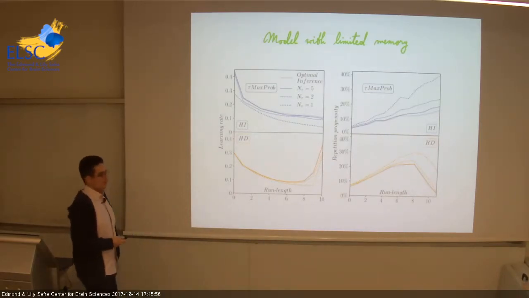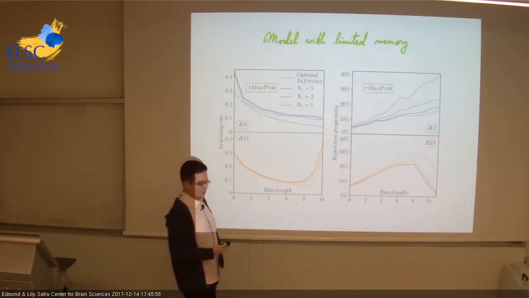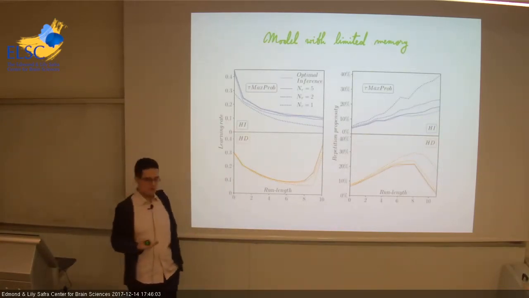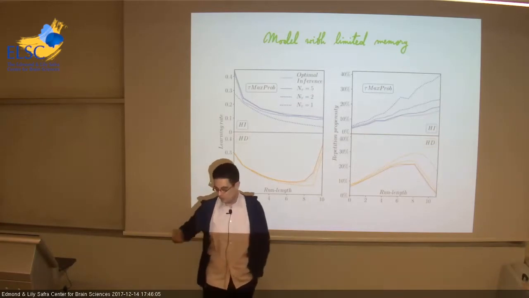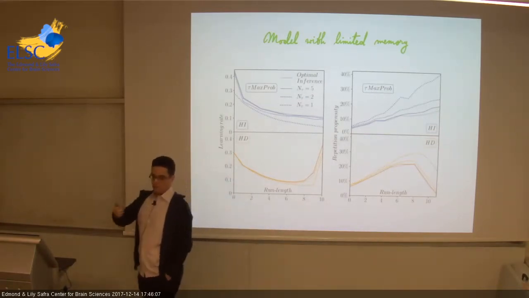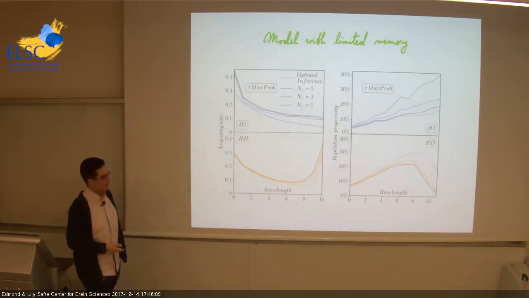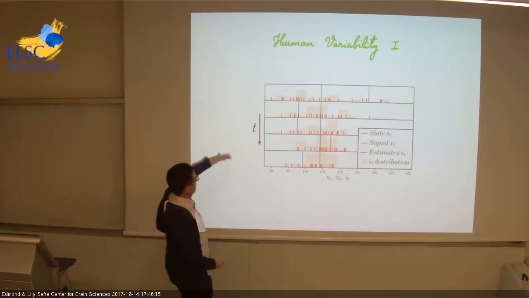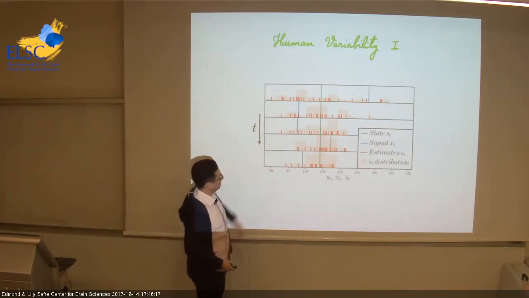Okay. Now, there's a much worse problem conceptually: all the models I discussed until now are deterministic. If I give you a series of stimuli, at every time you will come up with a given estimate. But the subject's behavior is variable. What you see here is five successive trials.